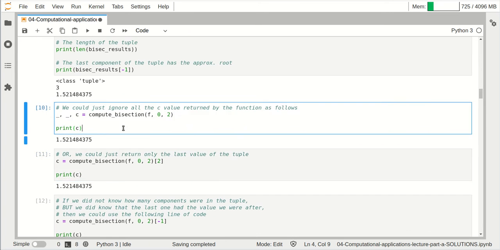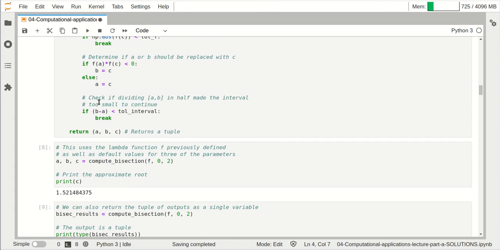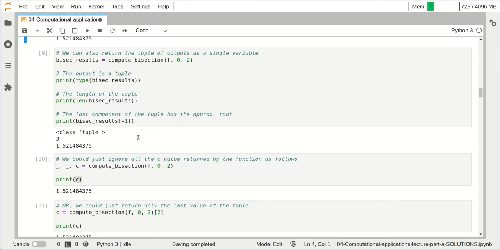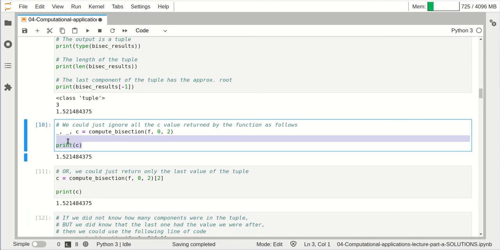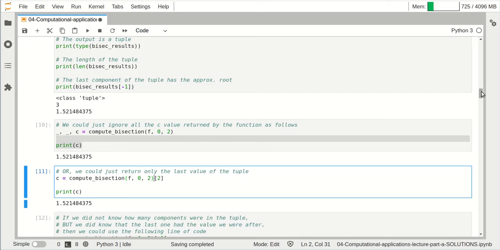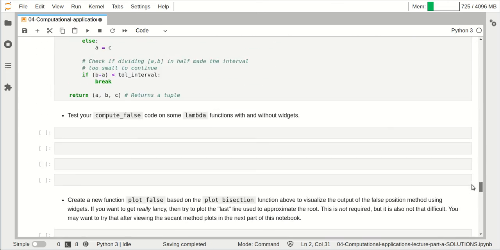Let's go ahead and copy. I'll grab that and go down to the bisection variant, and remember it said some Lambda function, so at least 2.